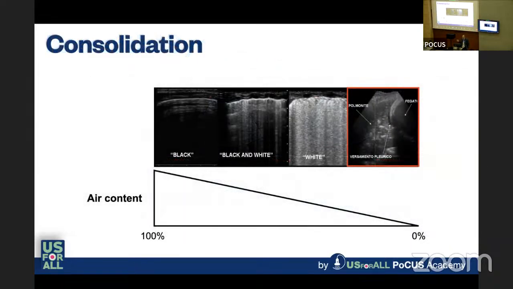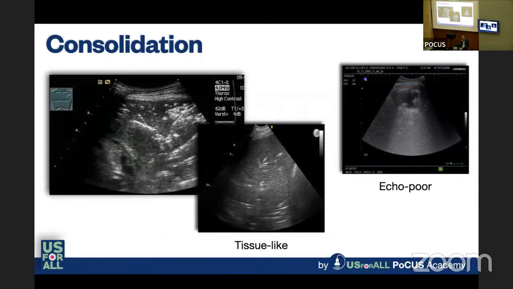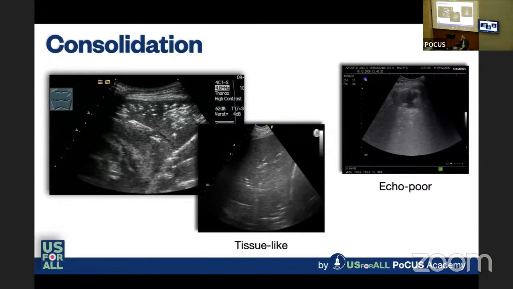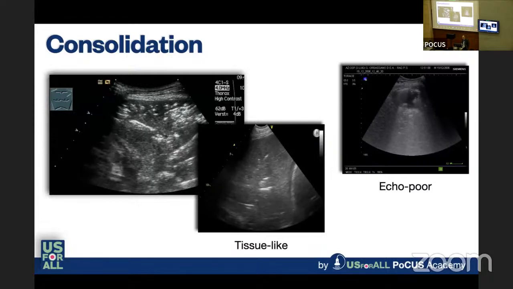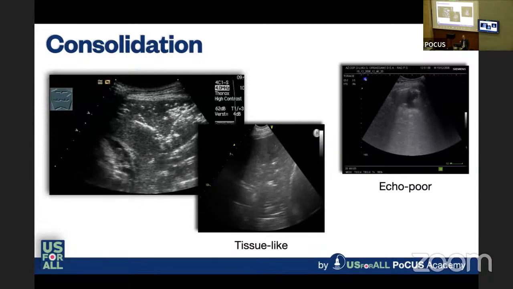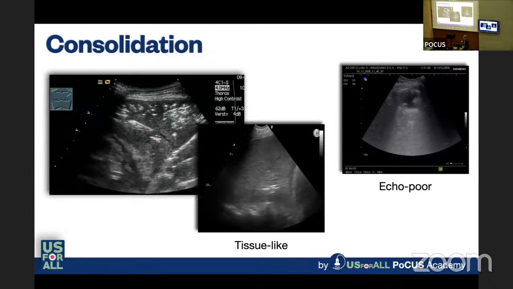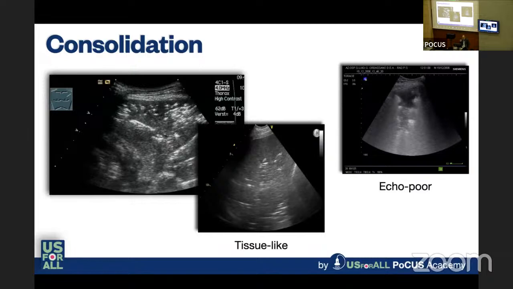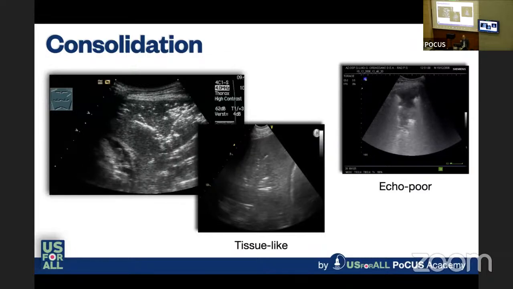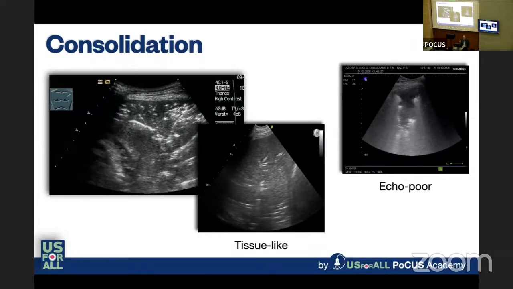The other topic is the consolidation. So we are in the last step of loss of aeration. Следующая тема — это консолидация. There are two definitions of consolidation for ultrasound. One is a tissue-like pattern, so we see the consolidation the same way we observe the liver or the spleen.